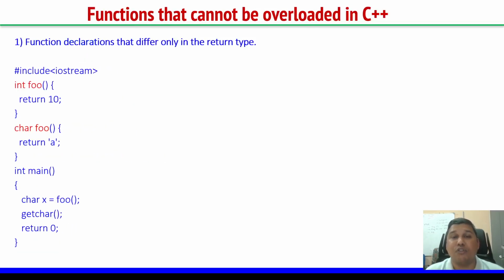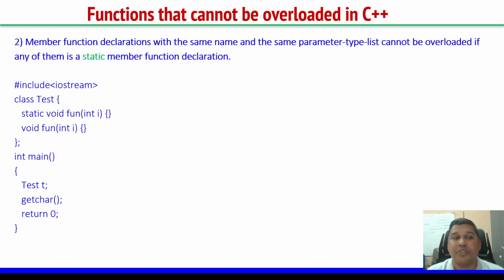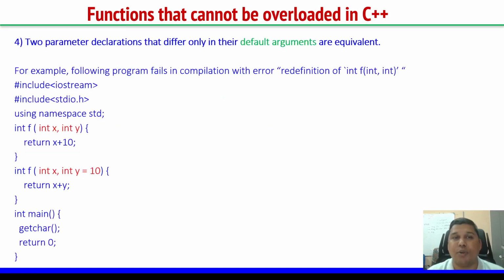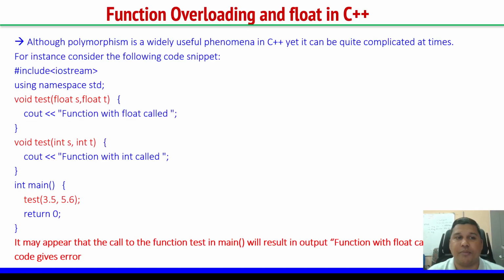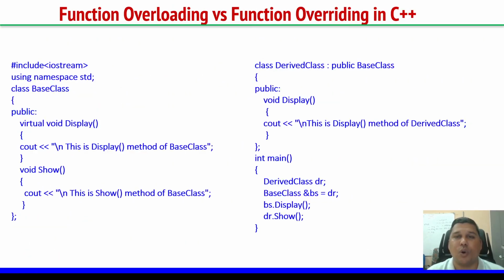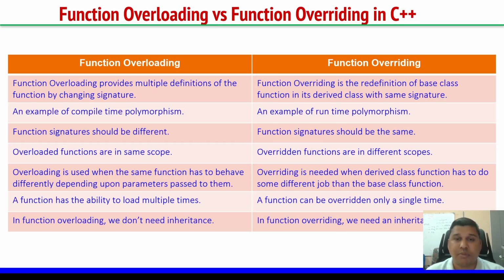Then we also saw which functions cannot be overloaded: functions with a different return type only, functions with and without static, array and pointer representation of arrays, and default argument implementation. Like this, we have seen different concepts in function overloading. Function overriding is one very important concept. We will go through that in much more detail.